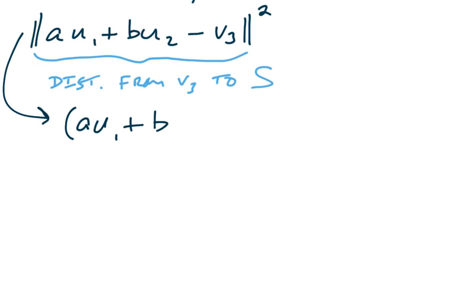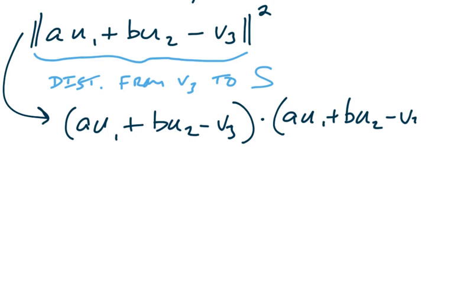All right, so this is AU1 plus BU2 minus V3 dotted with itself. All right, those are equal. And so we want to minimize this dot product of a very complicated looking vector with itself.